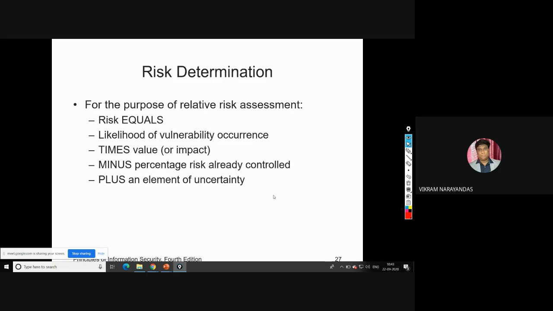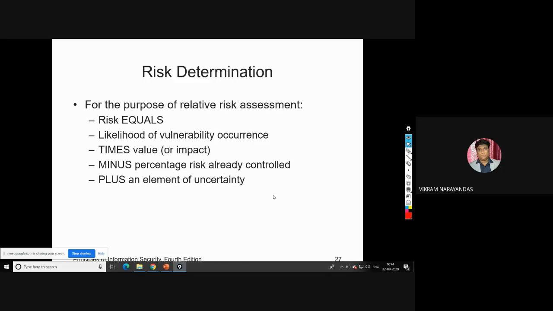Risk equals the likelihood of vulnerability occurrence times the value of information assets, minus the percentage of risk already controlled, plus an element of uncertainty.